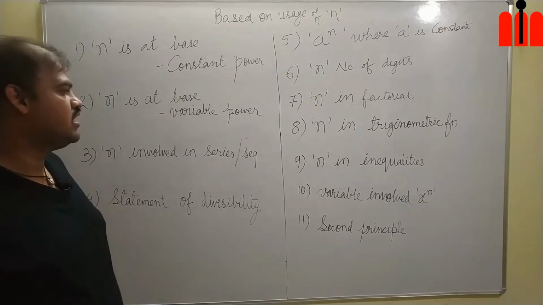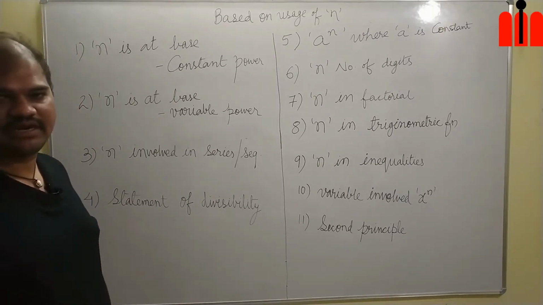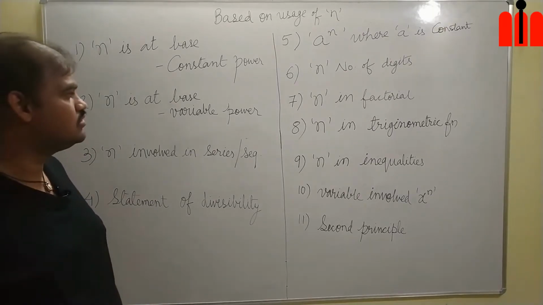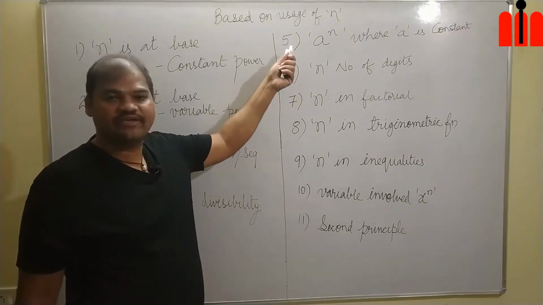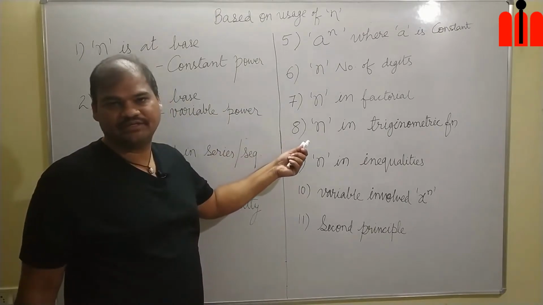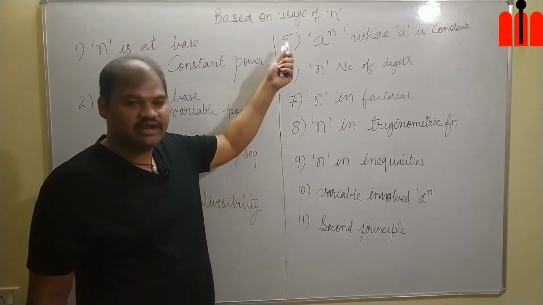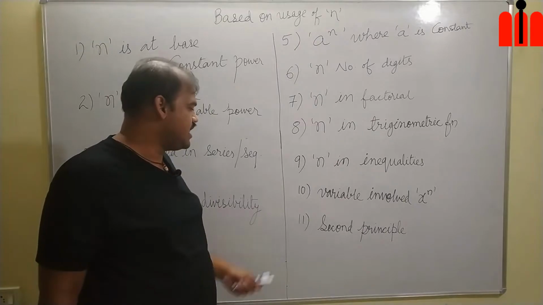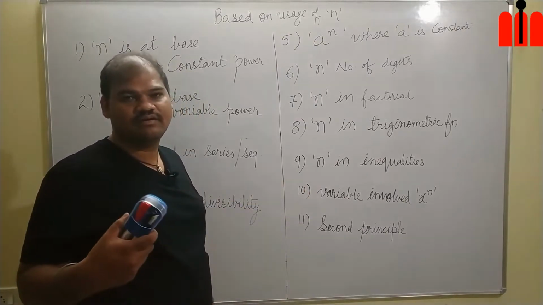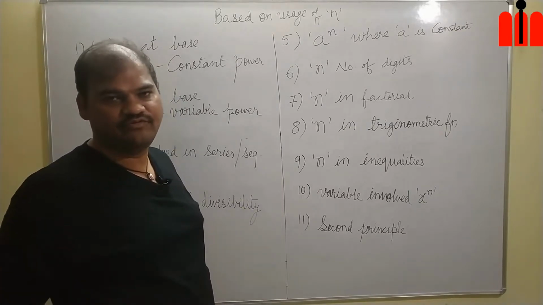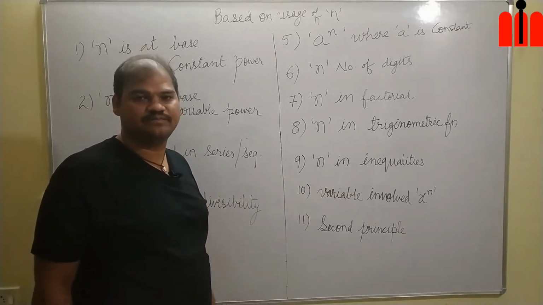In this detailed explanation class, which is class 2, we are focusing on category 5 to category 8. The rest 3 categories will be addressed in class 3, which will be our detailed explanation class 3.